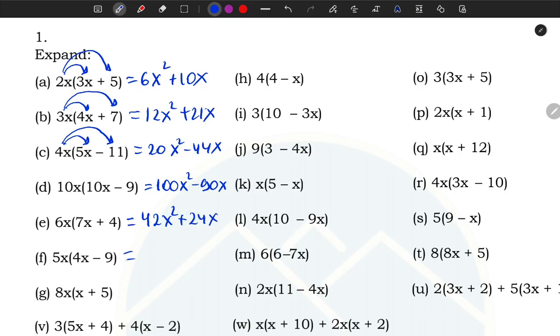Variant F. We multiply 5x by 4x, then 5x by negative 9, and we get 20x squared minus 45x. Variant G. We need to multiply 8x by x, then 8x by 5, and we get 8x squared plus 40x.